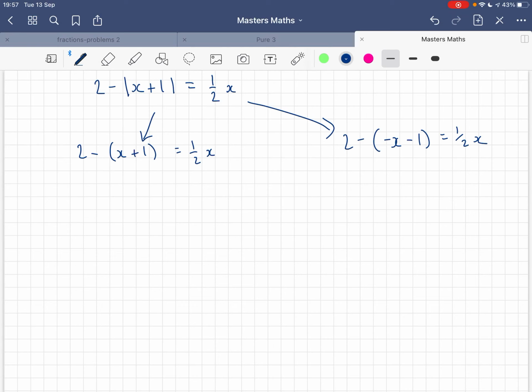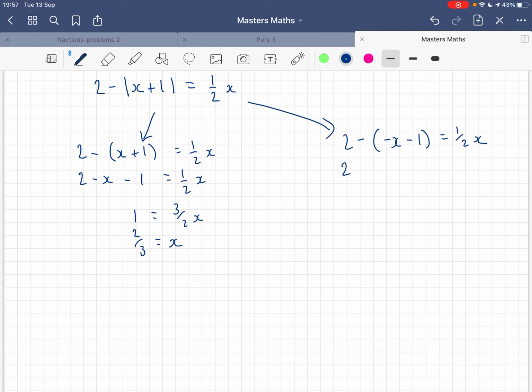Expand the bracket out, get all your x's on one side. It's a linear equation, straightforward enough to solve. So we have 2 minus x minus 1 is equal to a half x. I'm going to add the x across. So I have 1 is equal to 3 over 2 x, so x is equal to 2/3.